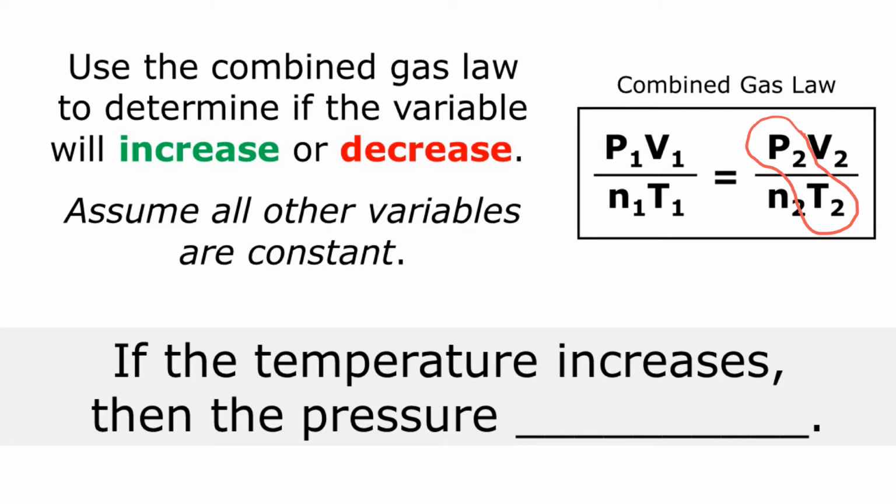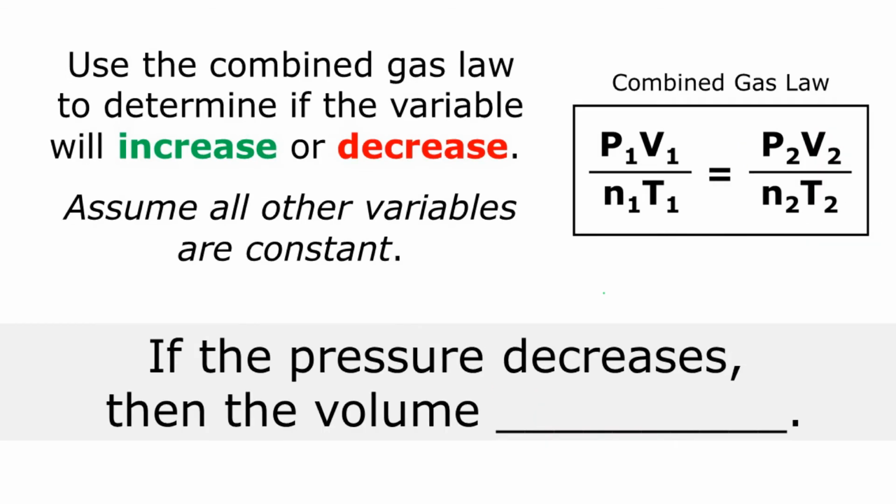They go up and down together. So if the temperature increases, then the pressure will increase too. And so because they're on opposite sides of the line, that means they go up and down together. And it really is that simple.